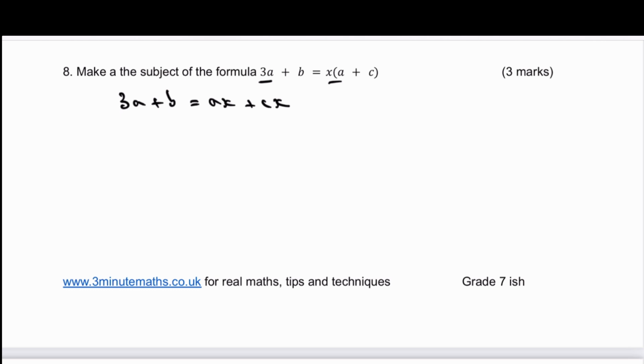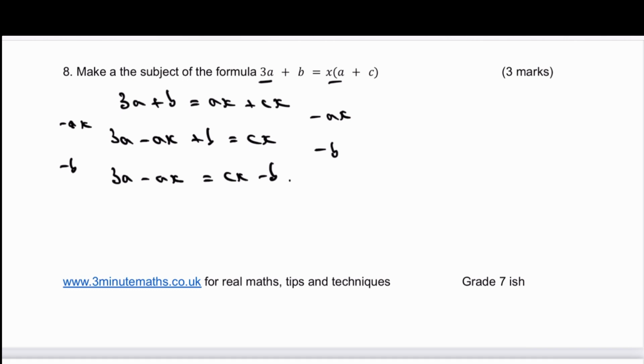So if I minus ax from both sides, I'm going to get 3a minus ax plus b equals cx, and then I'm going to minus b from both sides, and then I've got two terms, 3a minus ax equals cx minus b. So my two terms containing a are on the left hand side.